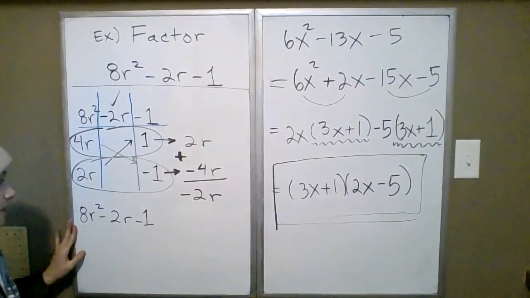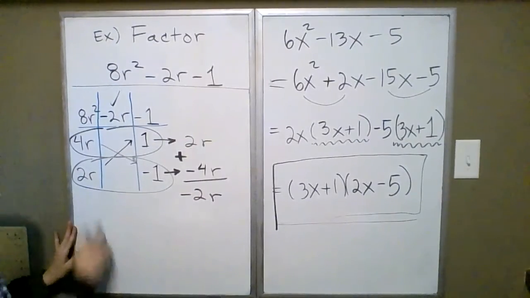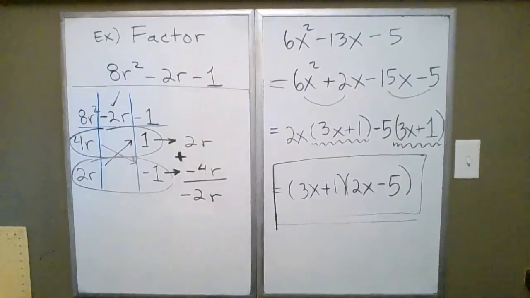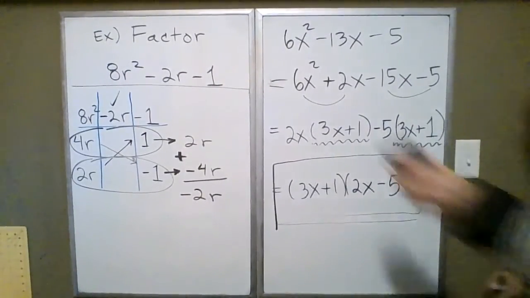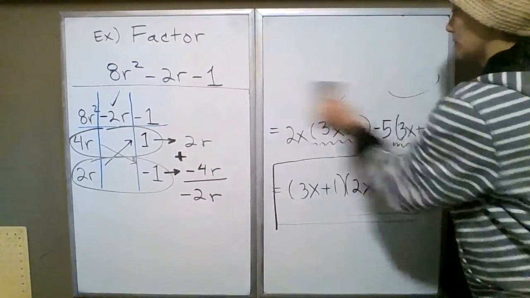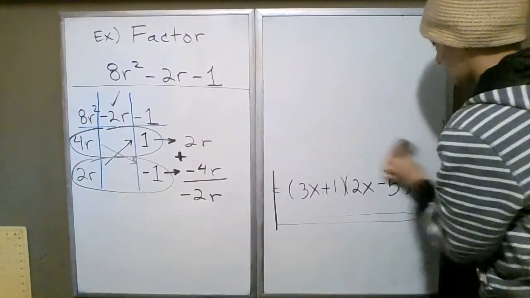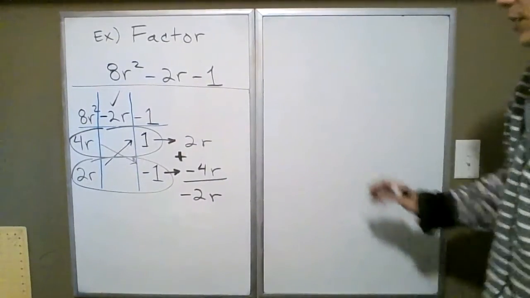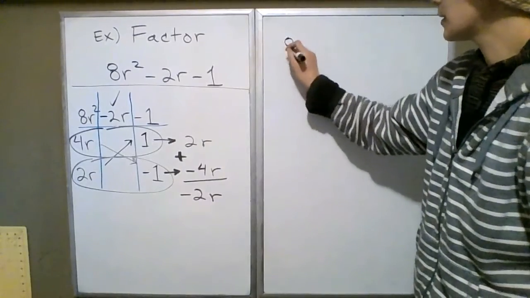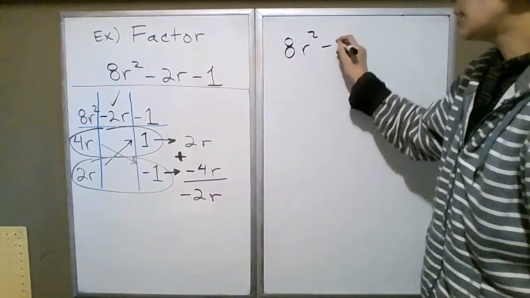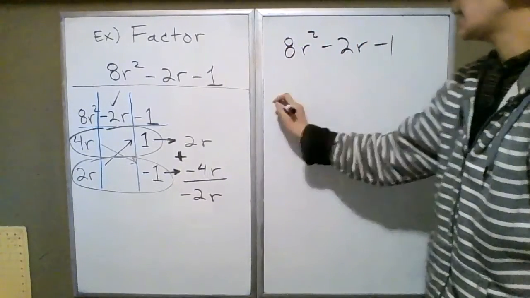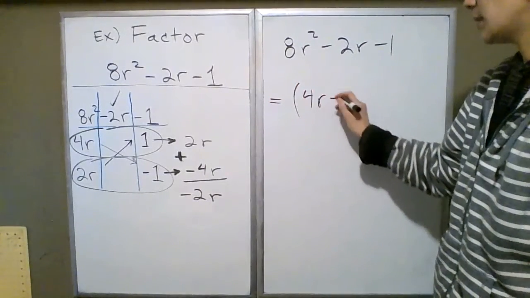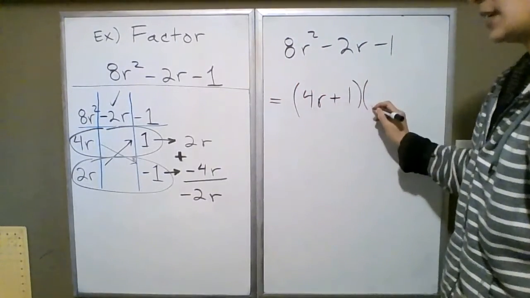Let's write this over here. 8r squared minus 2r minus 1, and we factored it into 4r plus 1 times 2r minus 1.